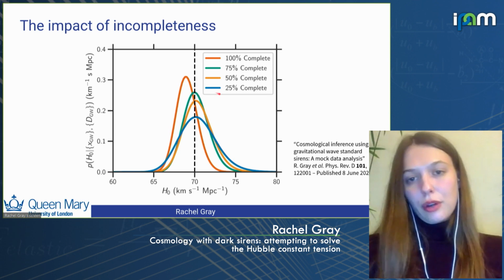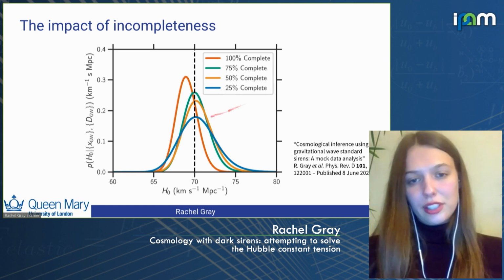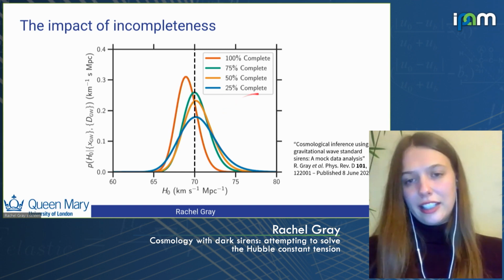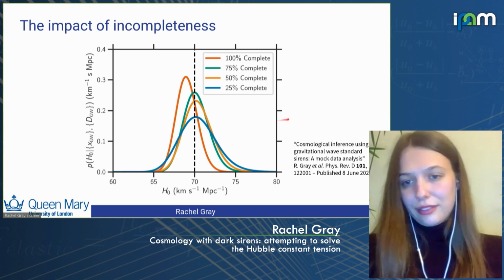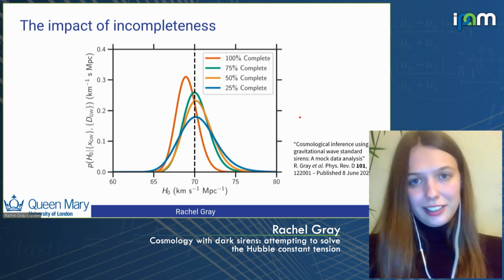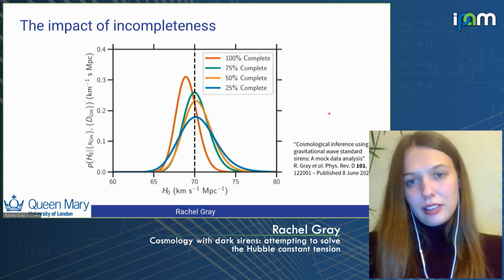But even if you go down to the point where you only have 25% of the host galaxies in the catalogue, you still remain very consistent with the Hubble constant. And theoretically, in the extreme of a completely empty catalogue, you'd just get something relatively flat back, or at least in this simplistic case with these binary neutron stars.